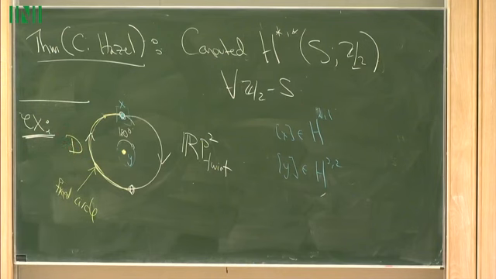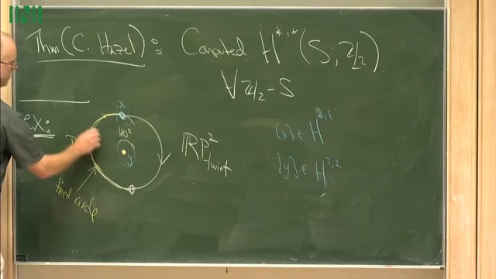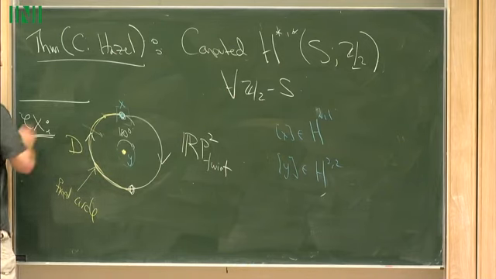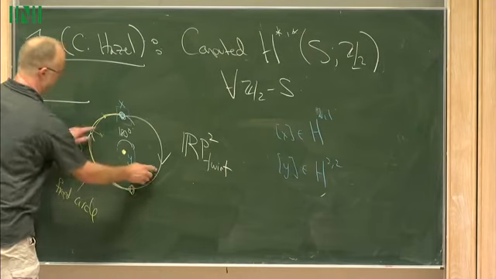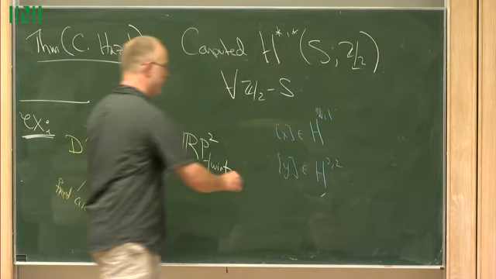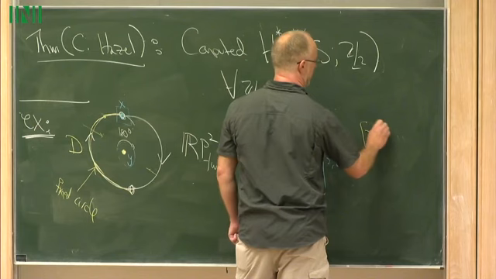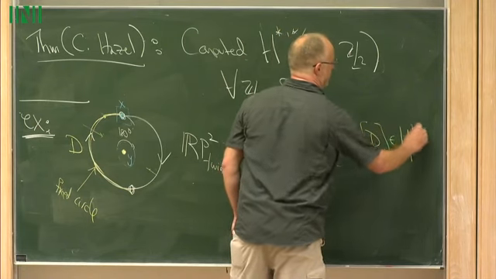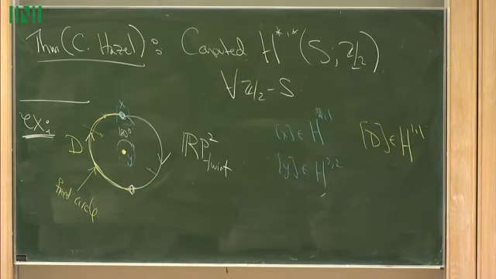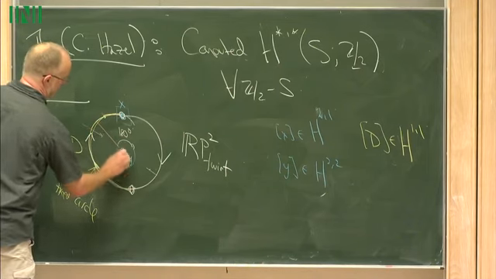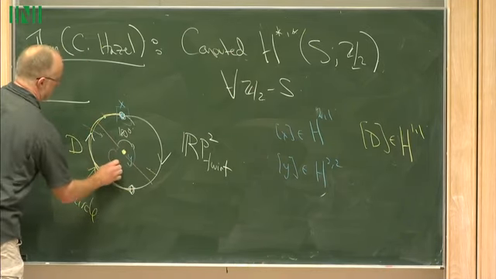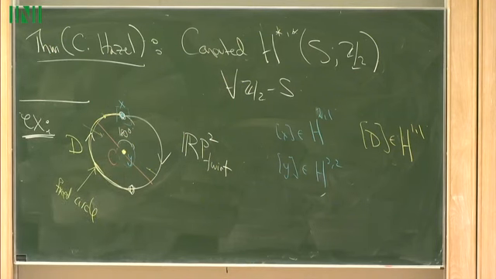There's D. D is a fixed circle, so that's a nice cycle, an equivariant cycle. That'll have a fundamental class. Again, looking at the normal bundle, that looks like an R^(1,1). It's there and here, so they're switched. So I have the fundamental class of D in H^(1,1). And let me add one more thing to the picture, which is this guy. We'll call him C. Right, there's another circle.